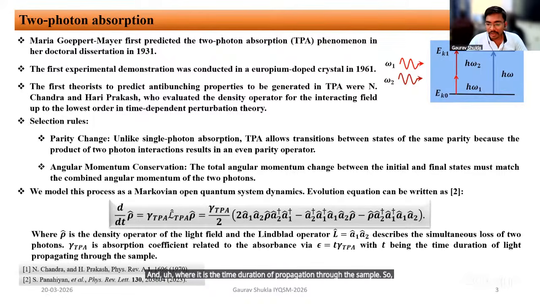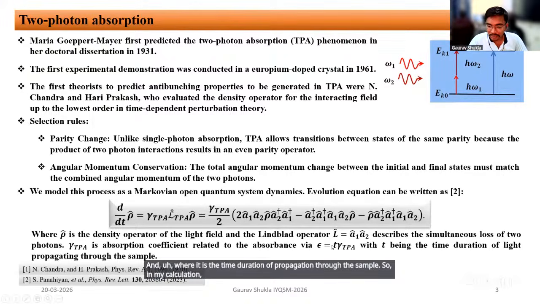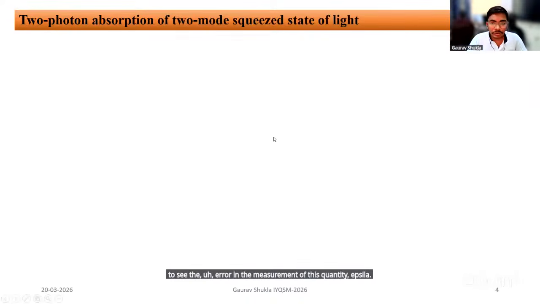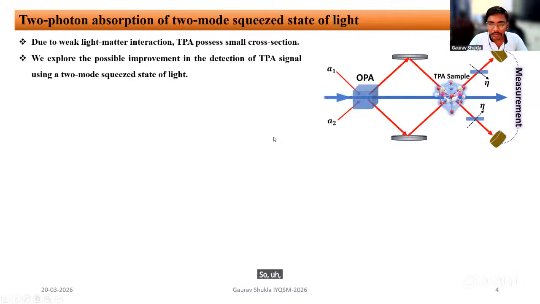So in my calculation, our objective is to see the error in the measurement of this quantity epsilon. Since it is a nonlinear process, due to weak light-matter interaction it possesses a very small cross section.